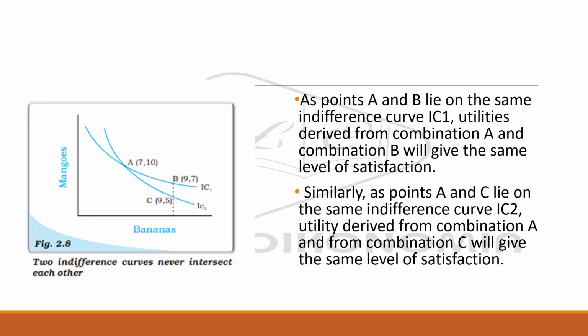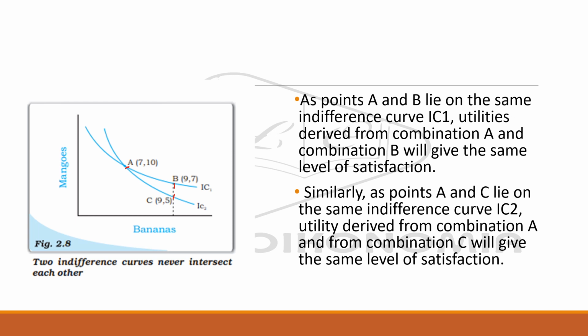So here you can have different points, point A here, point B here, and point C here. These are the three different points, and points A and B lie on the same IC, that is IC1. So the consumer would be indifferent between A and B because they give the same satisfaction.